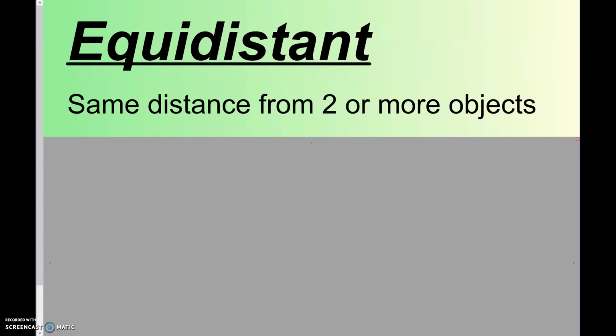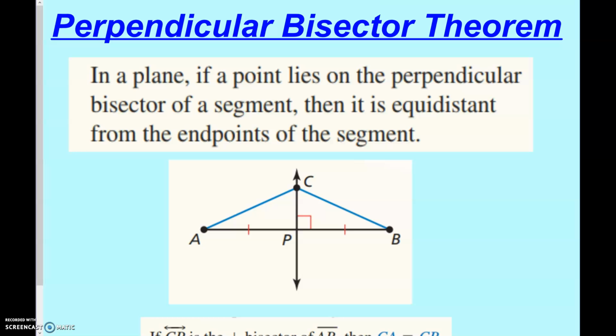All right, so equidistant means that it is the same distance from two or more objects. So remember, anytime you need to pause, stop it, and then go ahead and copy things down in your notes. This is the one you should probably be stopping and pausing and copying down.